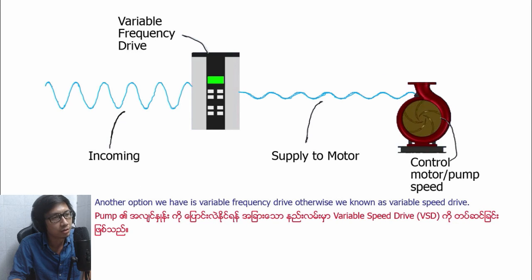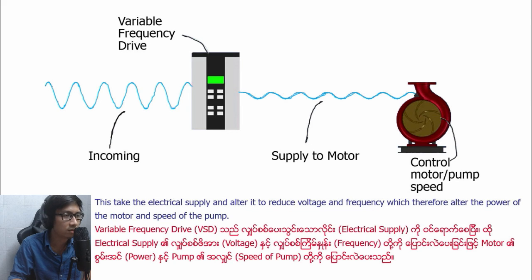Another option we have is a variable frequency drive, otherwise known as a variable speed drive. This takes the electrical supply and alters it to reduce voltage and frequency, which therefore alters the power of the motor and the speed of the pump.